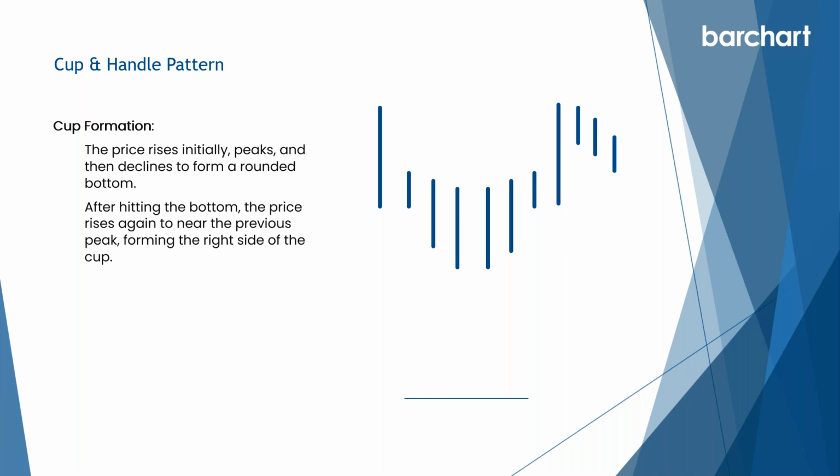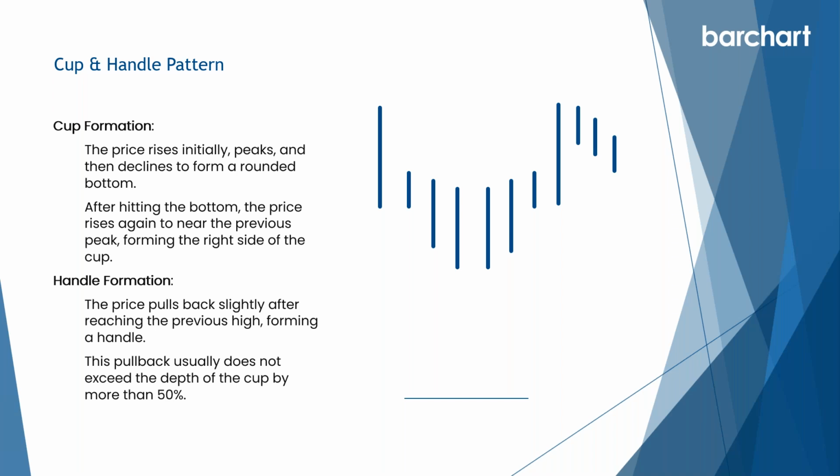The peak to trough should be significant in terms of a percentage or a range of past price. In other words, something like 30 to 50% in terms of price movement, or a large percentage of the range over the last 52 weeks. The handle: price pulls back slightly after reaching the previous high, forming that handle.